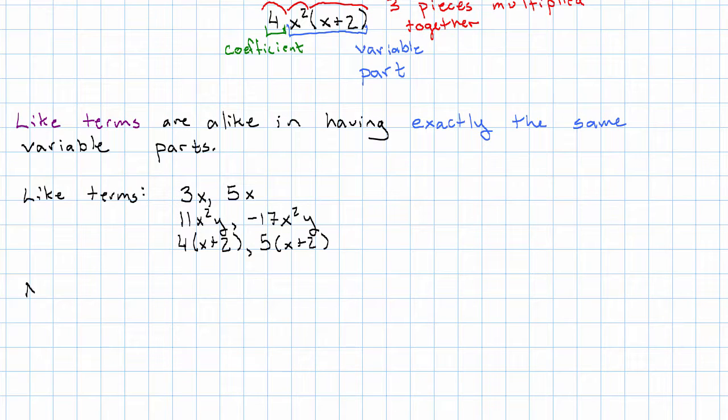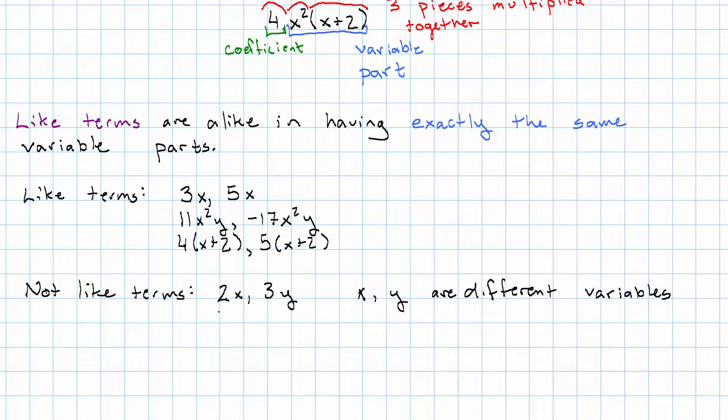Some examples of pairs that are not like terms. The pair 2x and 3y are not like terms. Why? Because x and y are different variables. The pair 5x squared and 4x are not like terms. Why?